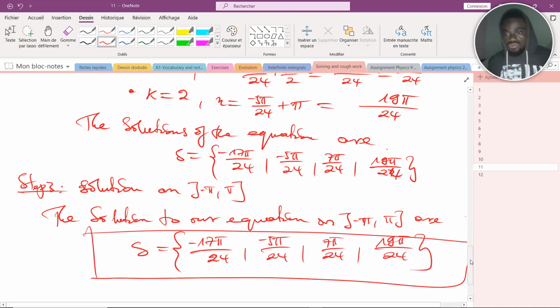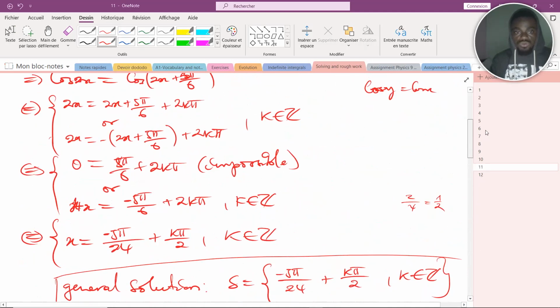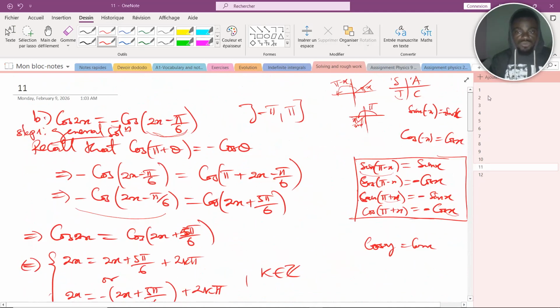So we are going to do the last one. I hope you understood everything. When you are asked to find the solutions on an interval, you first find the general solution. That's the first step.